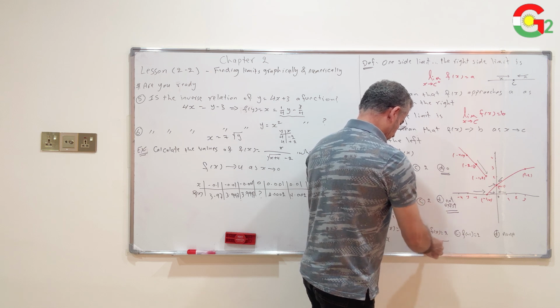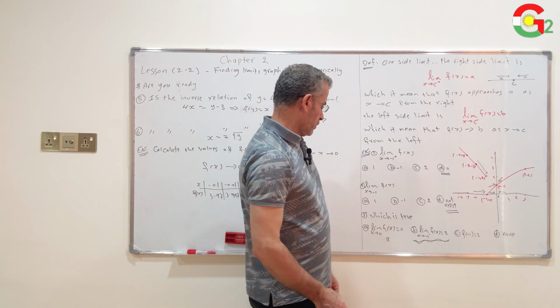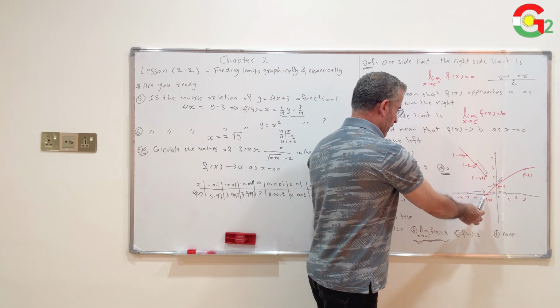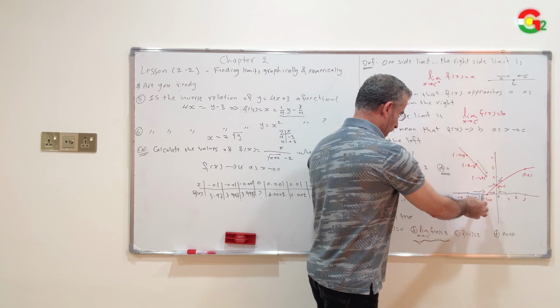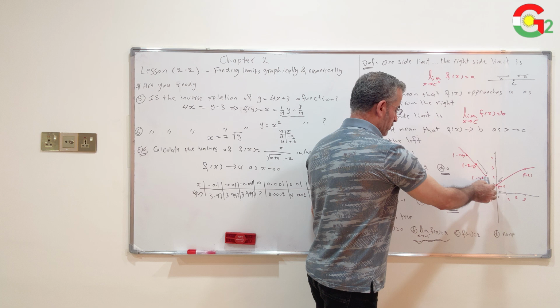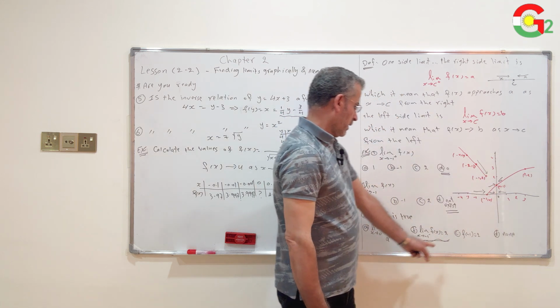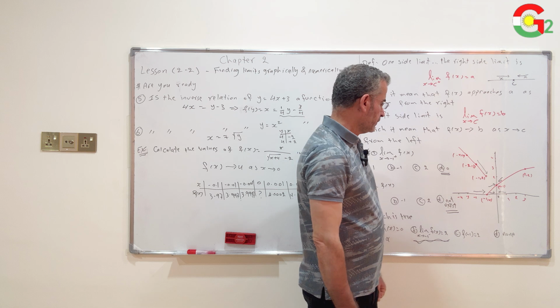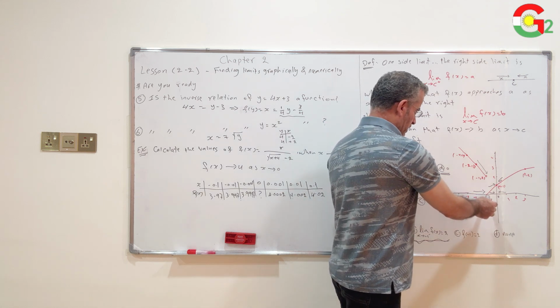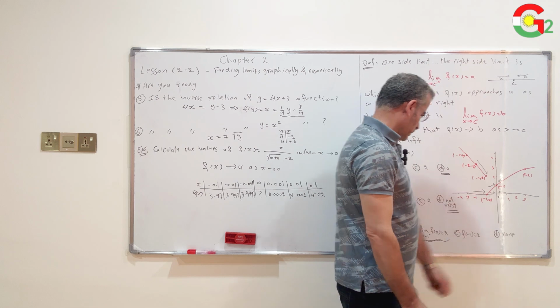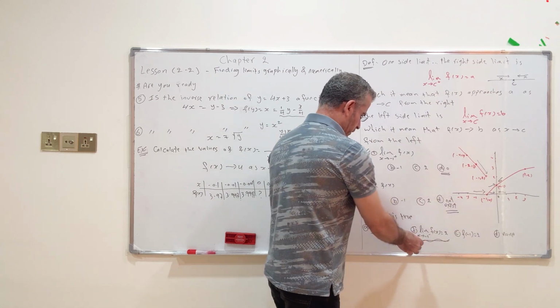This statement is true. When x approaches -1 from the left, f of x approaches 2, as you see. F of -1 equal 2 is wrong because f of -1 is 0. None is also wrong. The right choice is B.